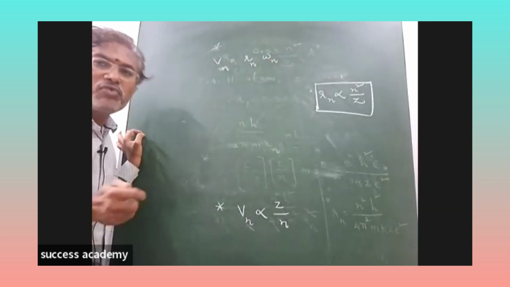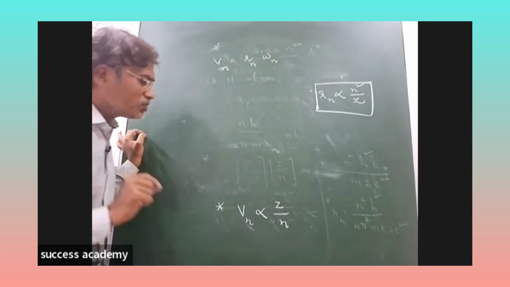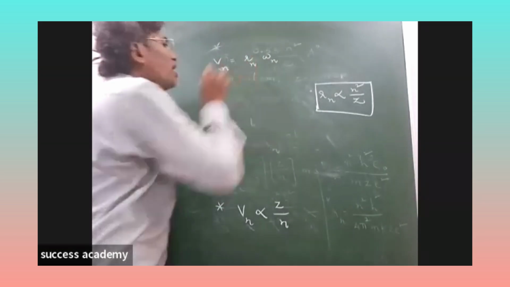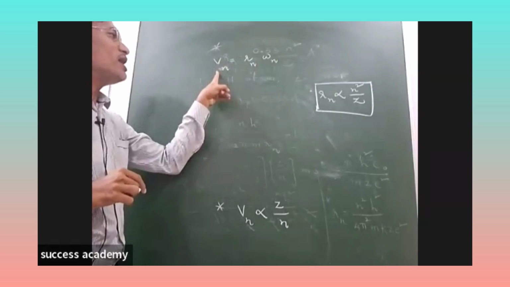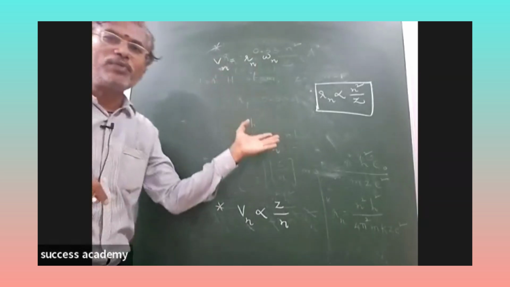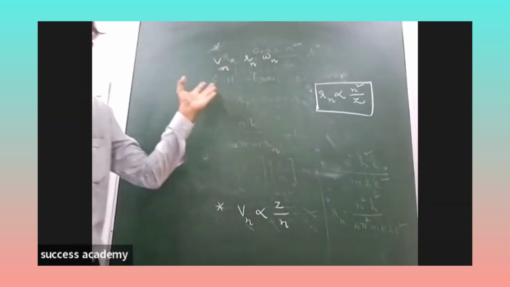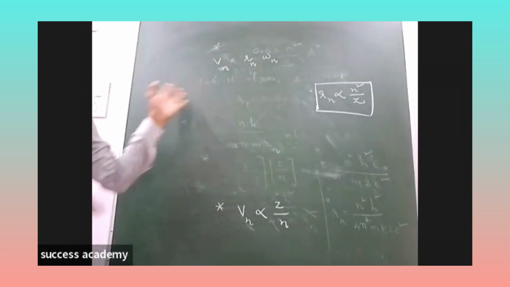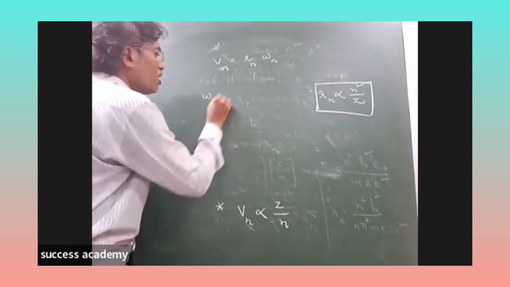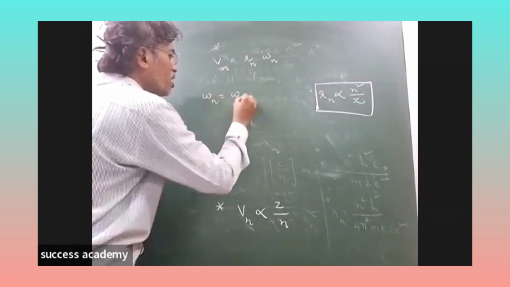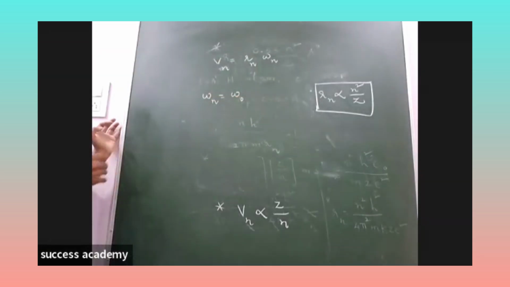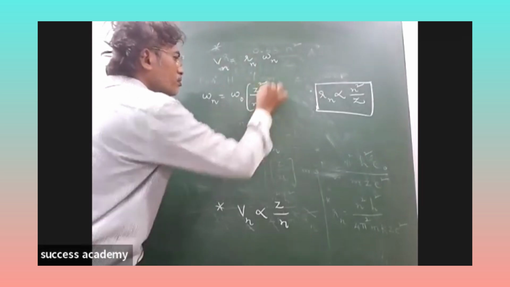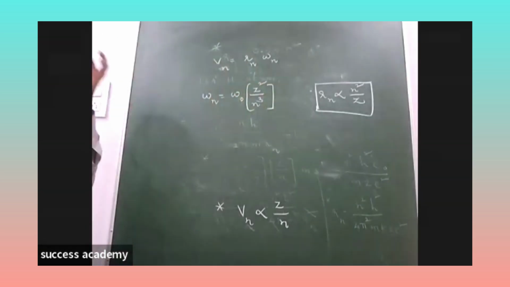If you substitute the Vn value and Rn value, we get omega n is equal to omega naught into Z square by n cube.